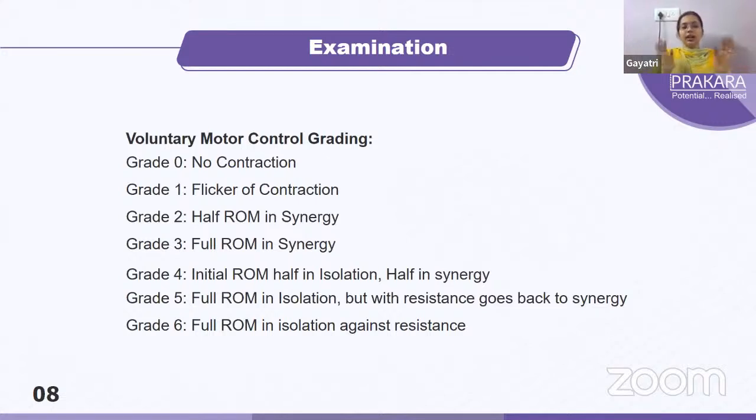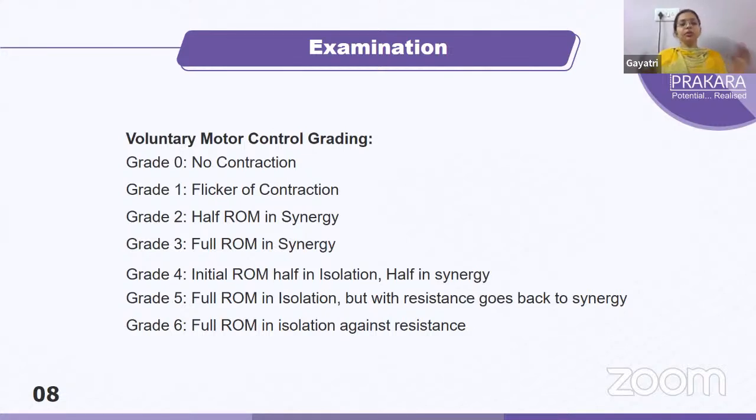This is what I meant by VMC grading under motor examination. This can come either under motor or as a separate entity after the motor examination. Just as you have your 7 Brunnstrom stages of recovery, you have voluntary motor control grading. This voluntary motor control grading, you have to assess in every stroke patient who comes to you with definite spasticity.